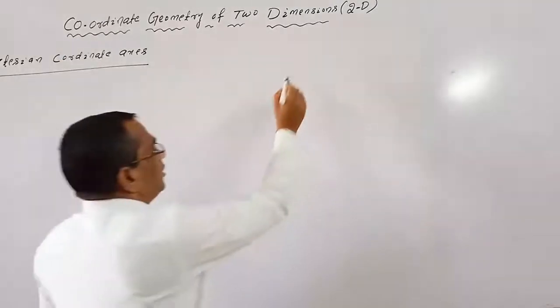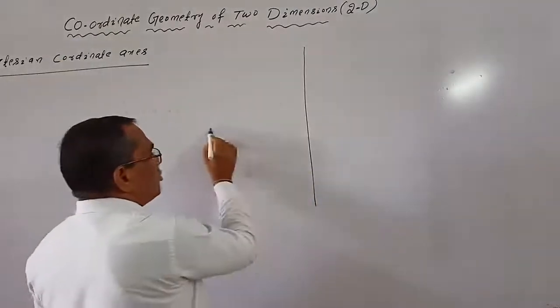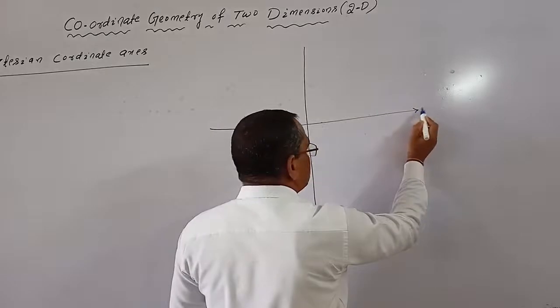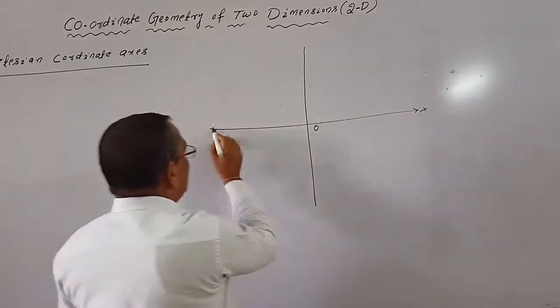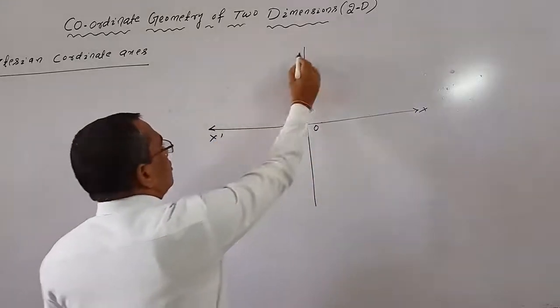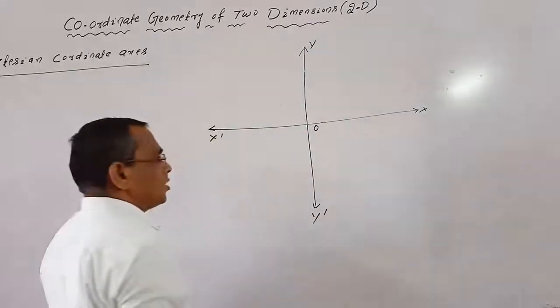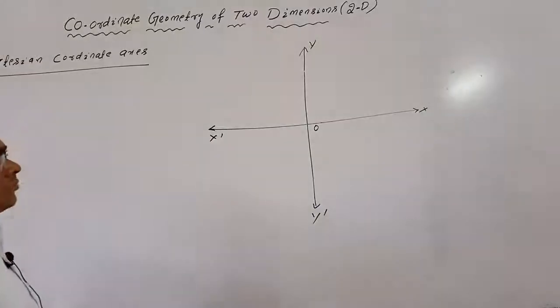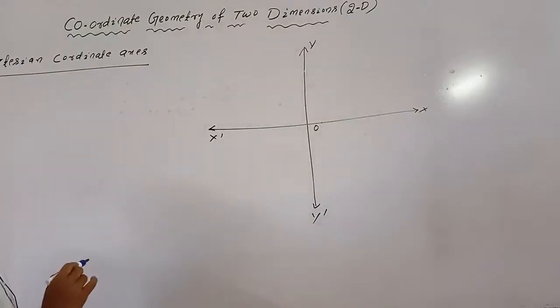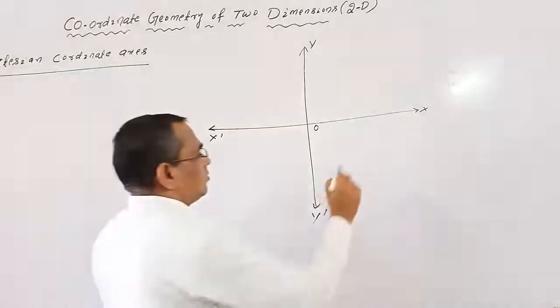Let us consider two mutually perpendicular lines x o x dash, y o y dash intersect at o.